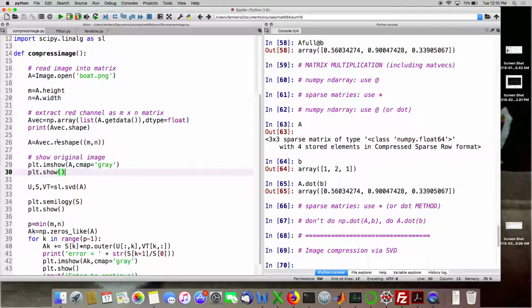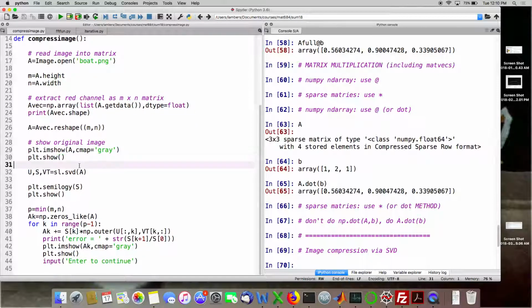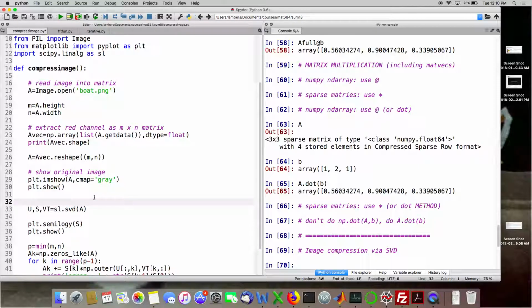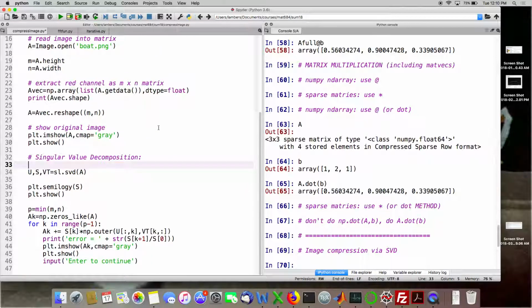Now what I'm doing here is using, from scipy.linalg, the SVD, the singular value decomposition, which has come up in other classes. A is equal to U S V transpose.